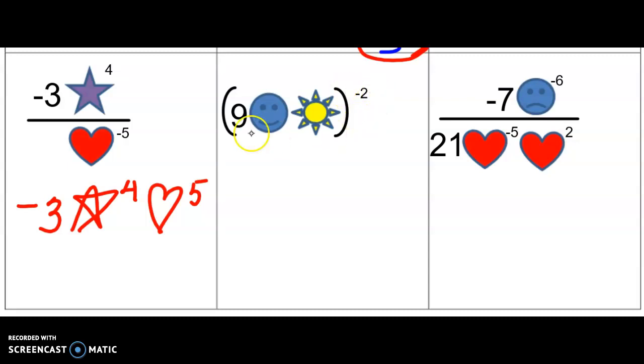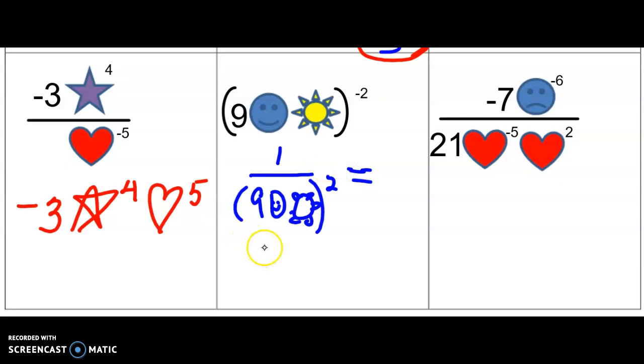In this problem, this whole thing is being raised to the negative 2nd power, so the whole thing has to go down. That's a smiley face, and that's a sun. Blah, blah, blah. And then I have to square it. So when I square the coefficient, I get 81.